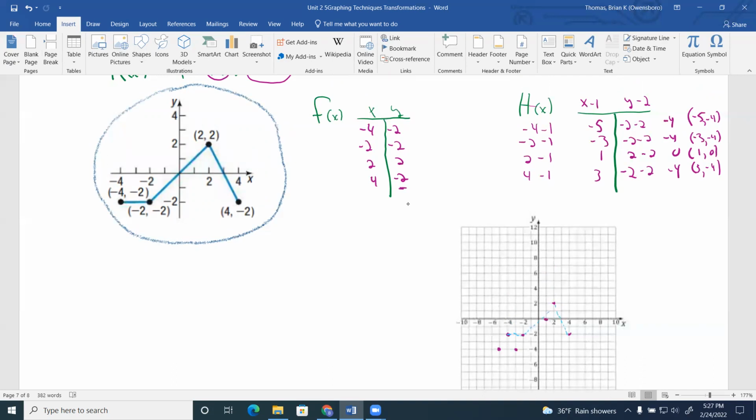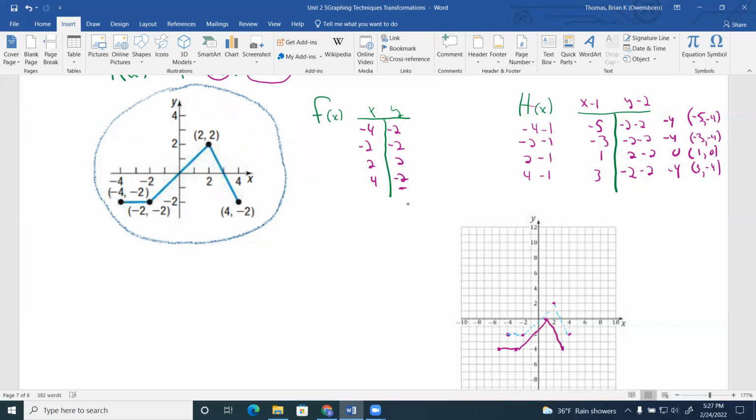And we have 3, -4. So I should have the same graph, except it's just been shifted. So I kind of follow those across. Let's see if I can kind of get that down there.